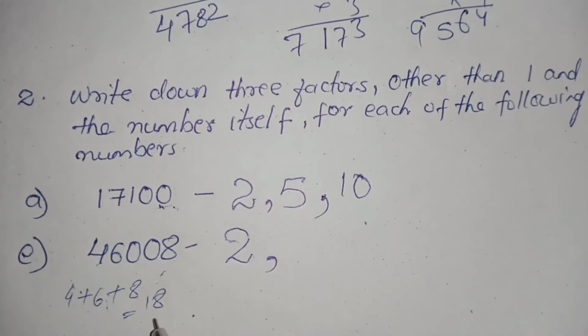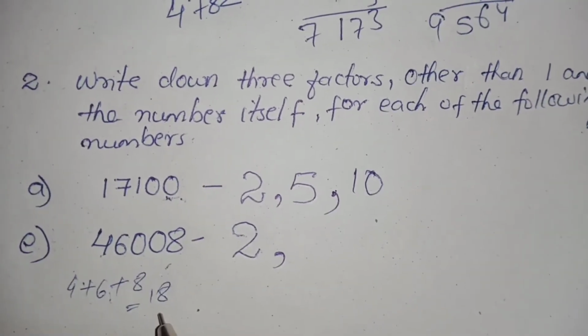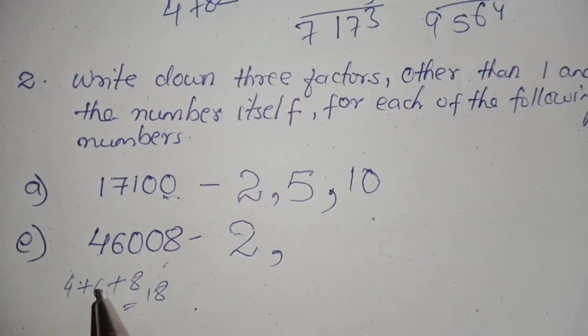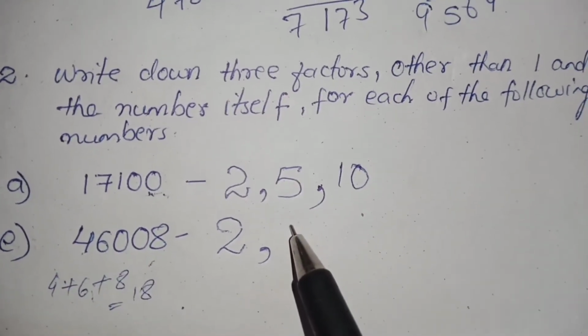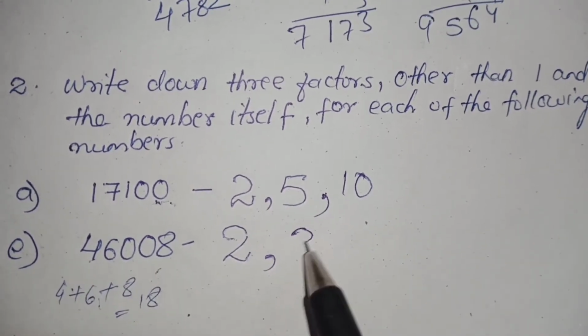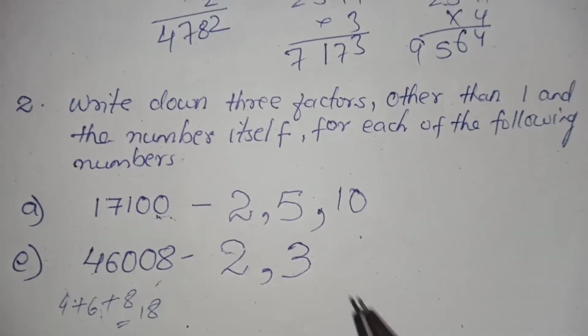So 18 comes in the table of 3. Yes, that means this number is divisible by 3, so this number will come in the table of 3. That means 3 is a factor of this number.